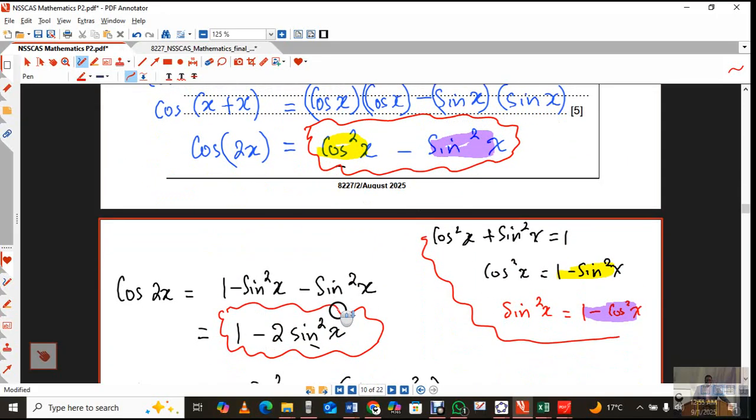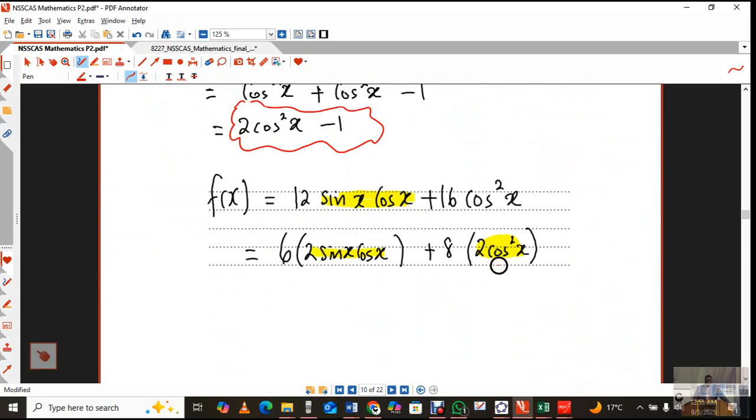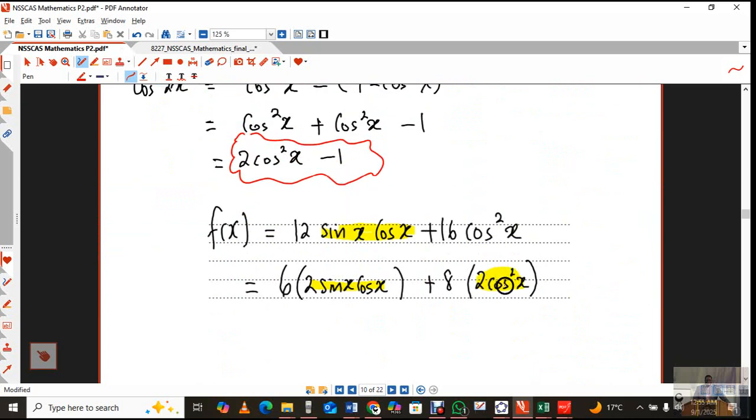Right, which one am I going to use? Now, it's very important. Can you see that I have 2 cos square x inside here? So what I'm going to do is replace that. Right, so I'm going to write this as, first things first, in the place of the 2 sine x cos x, that is just going to be replaced now with sine 2x.